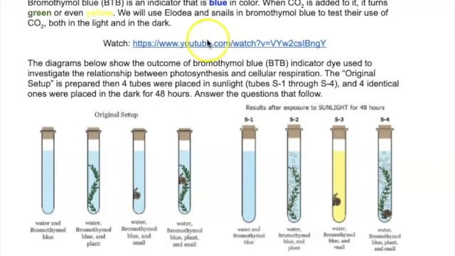In this video, we can see that color change that will happen when you add CO2 to bromothymol blue. In this video in particular, a student is blowing into the solution. So they're adding CO2, which will cause that change into yellow.